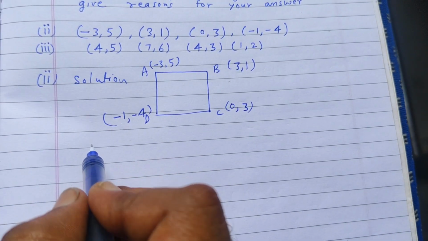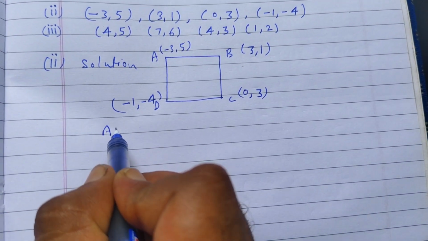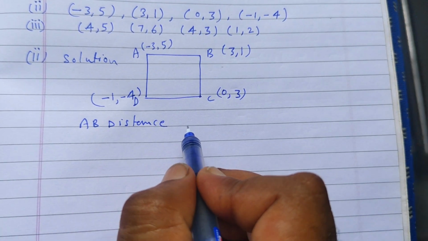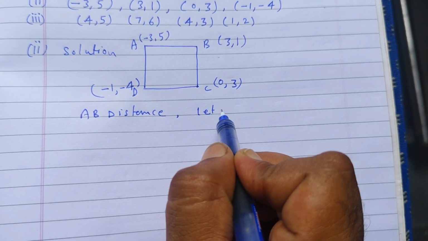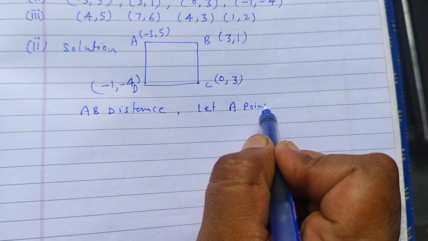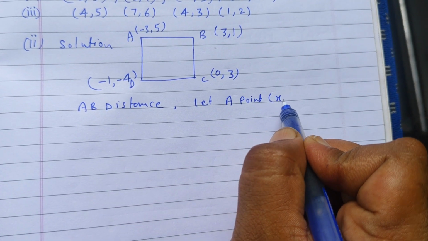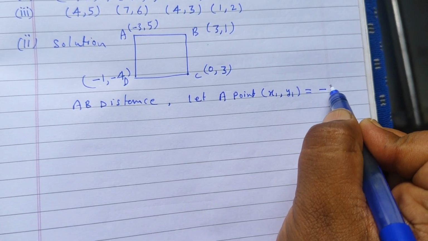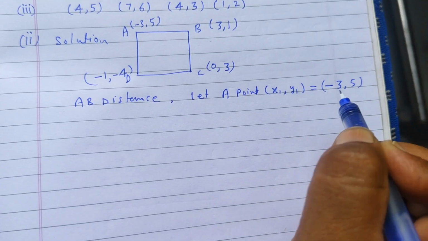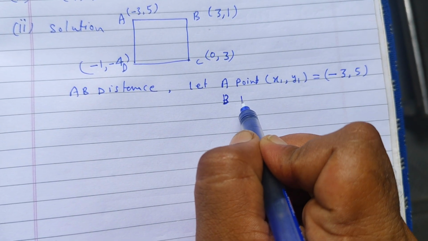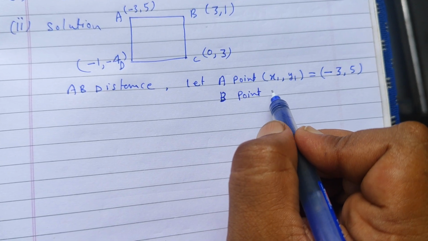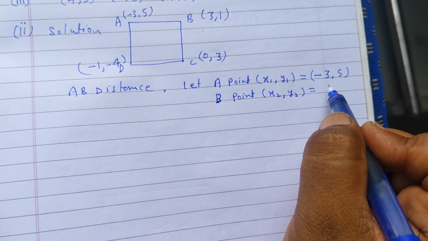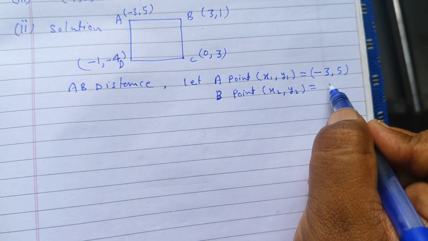So we find the AB distance. Let point A be (x1, y1) = (-3, 5) and point B be (x2, y2) = (3, 1).